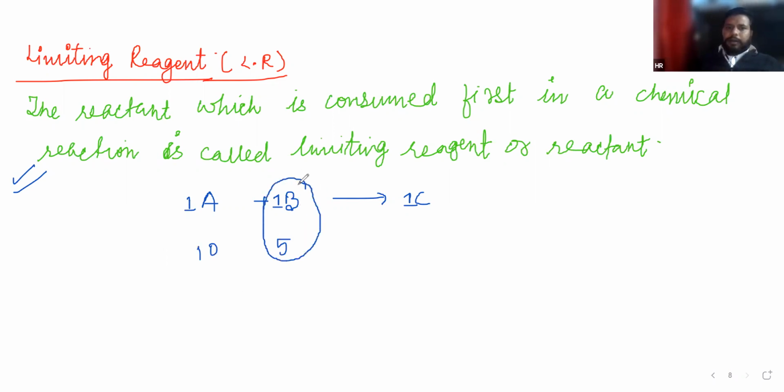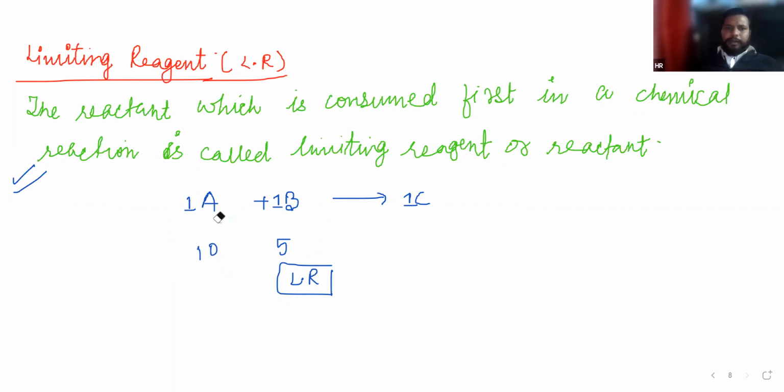B will be completely consumed, and A will be remaining. The reactant which gets consumed first is called limiting reagent. Can you repeat, sir? The reactant which is consumed first is limiting reagent.